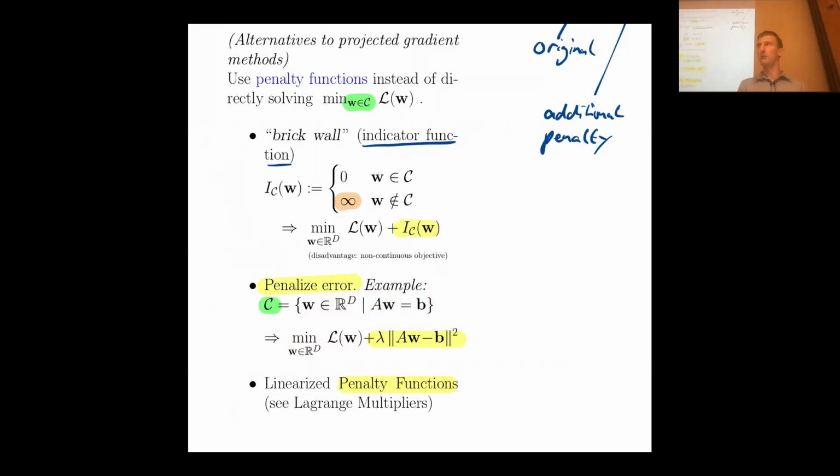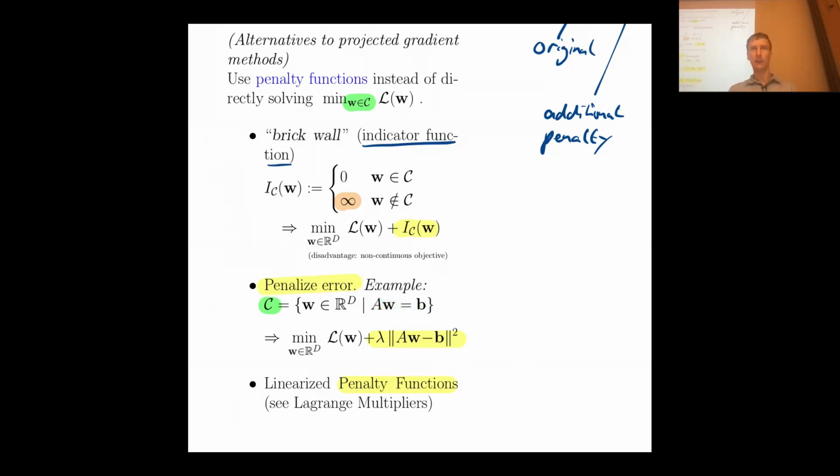Maybe someone told me that I need to have a linear constraint on my w. It happens, it's really common. You have all this linear programming, for those who have seen it, and this can often make sense. So what can I do?